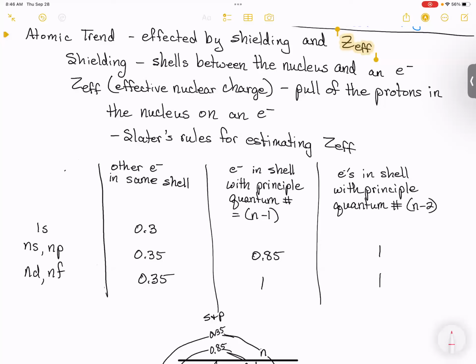If they are in the same shell, then unless they're in the 1s, which is 0.3, they're going to be a 0.35 impact. This is just a numerical value that has been determined over time.